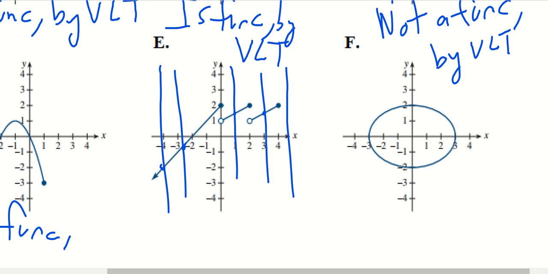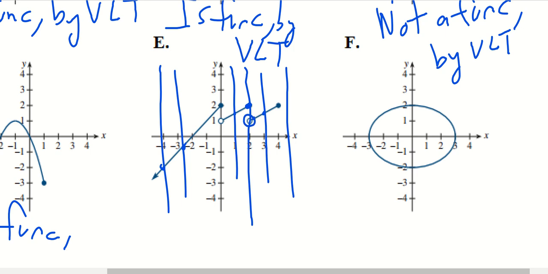What makes it interesting is if you look at, let's say, a vertical line at x equals 2, for instance. Let's look at this vertical line right here. The question is, how many points does that vertical line intersect that graph? And the answer is just one. It intersects it right here because that point is filled in, and that point is a part of the graph. However, if we look down here, that's an open circle.